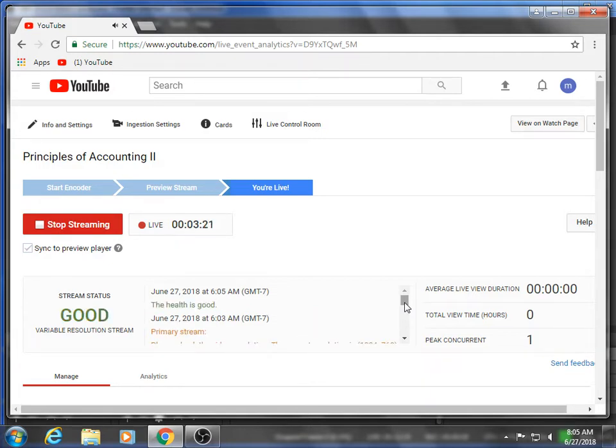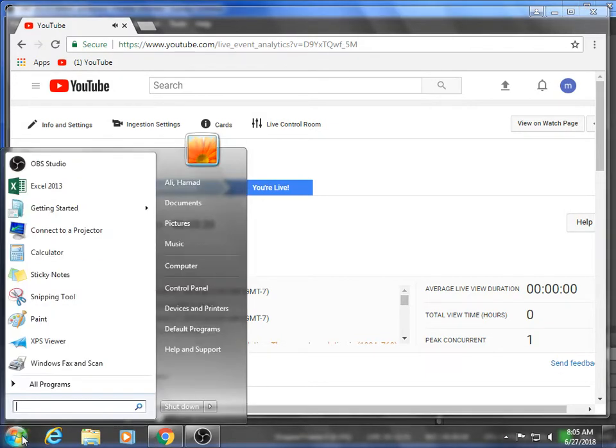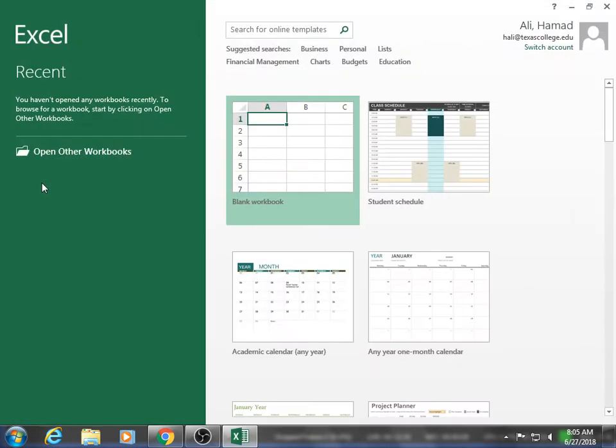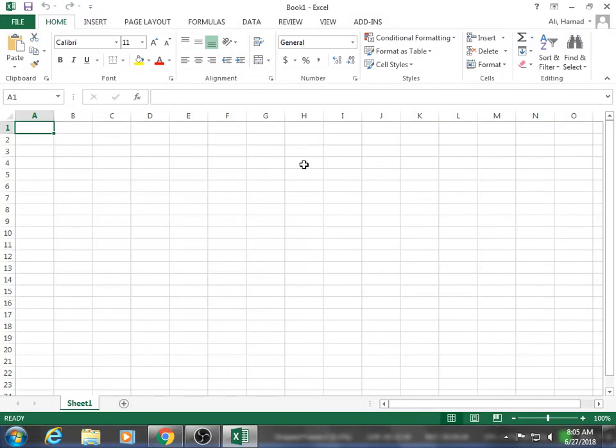Okay, let's take a look at issuing stocks above the par value. Let me go back to Excel for a second and give you the generic entry for issuing stocks.